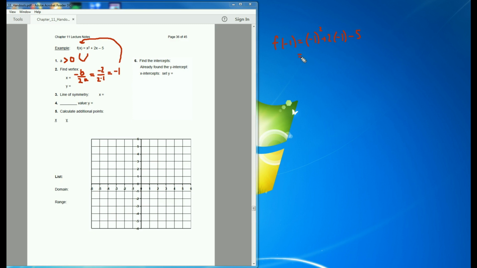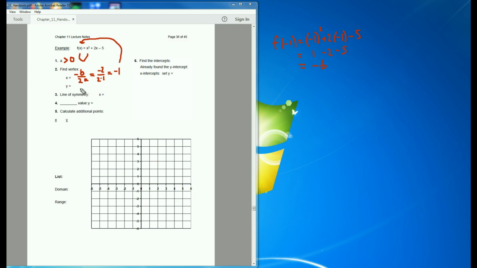All right, -1 times -1 is 1, and then it's going to be -2 minus 5. All right, so 1 minus 2 is -1, -1 minus another 5 is -6.